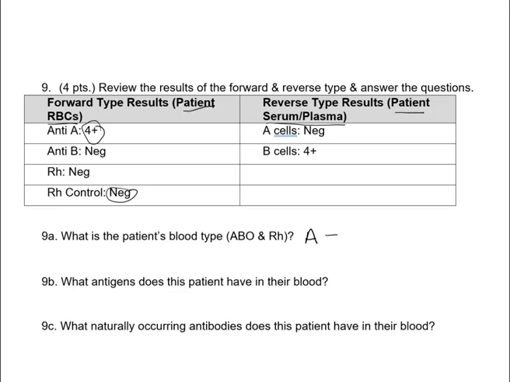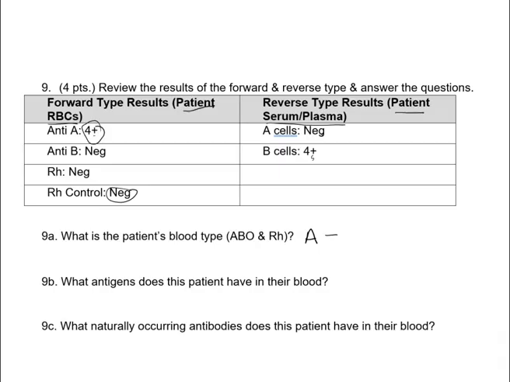And the reverse should echo the opposite of the forward typing. So let's just check to make sure. This is a positive result, so this should be a negative result in reverse. This is a negative result, so it should be a positive result in the reverse, and it is.